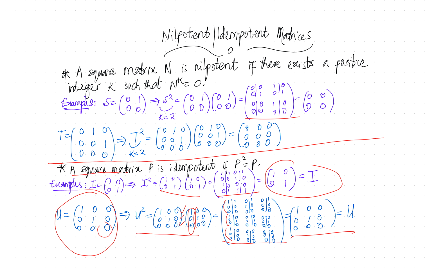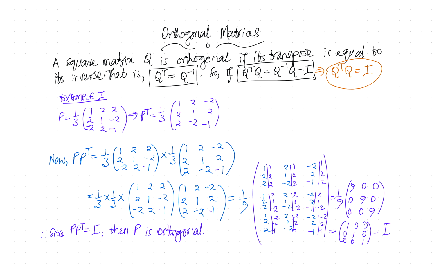So let's go to the idea of orthogonality, orthogonal matrices. A square matrix Q is orthogonal if its transpose is equal to its inverse. So if the transpose of a matrix is equal to the inverse of that matrix, then you say that the matrix is orthogonal. And because it is orthogonal, it means you have Q transpose is equal to Q inverse.